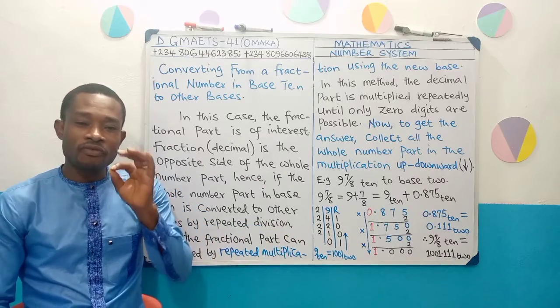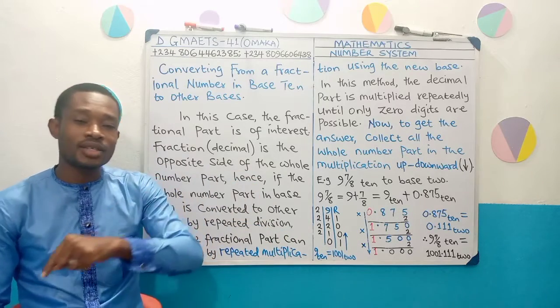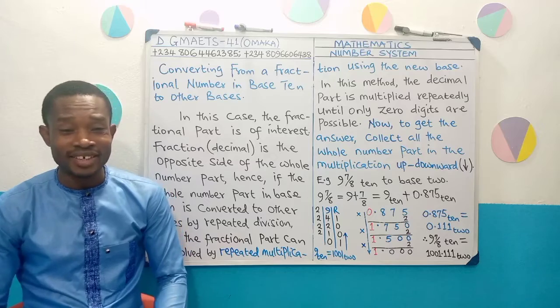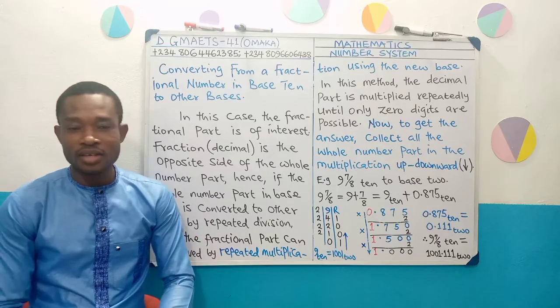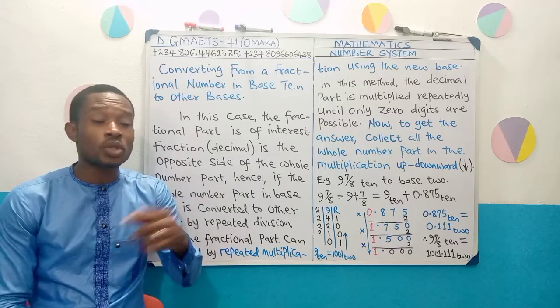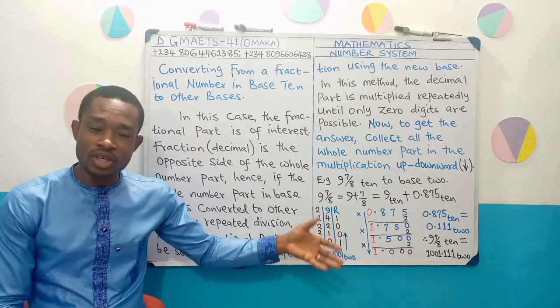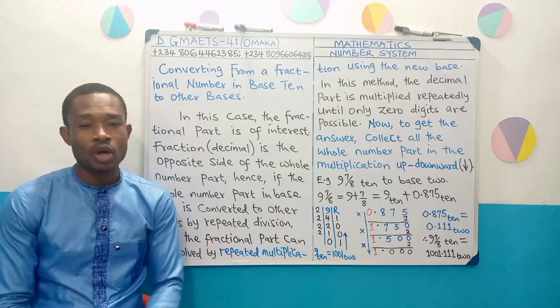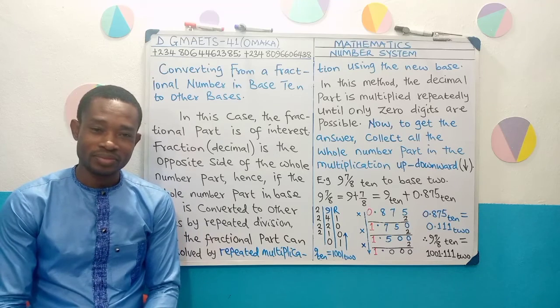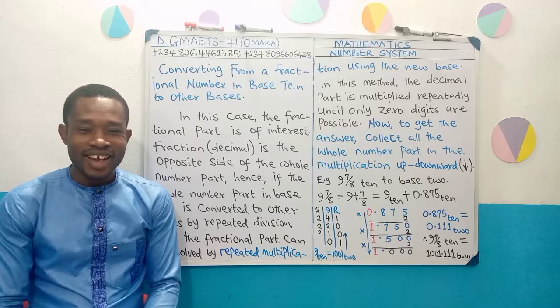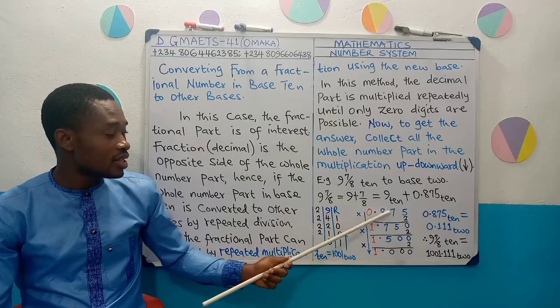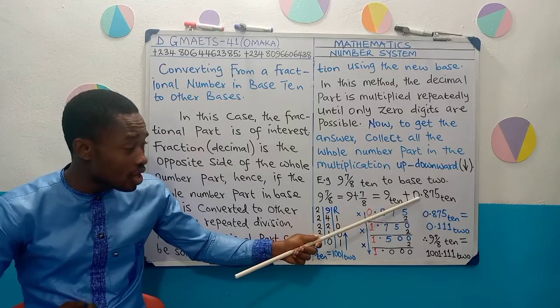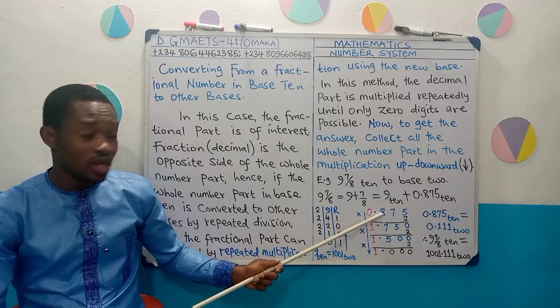Now, I am going to focus on how we can convert that 0.875 base 10 to base 2, the new base we are converting to. Take note that even if it is another base which is not 2, the same thing you're going to see me explain here is what you are expected to do. Are you ready? Okay, now let us see how we go about it. This is 0.875. So you're going to transfer that same 0.875 down.